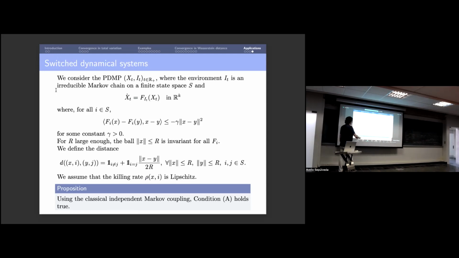And I assume that the killing rate rho can depend on both components of the process and is Lipschitz. Then again, we can prove condition A, regardless of the value of gamma. So here contraction does not need to be strong, faster than killing. We need to have some contraction, and any contraction is enough.